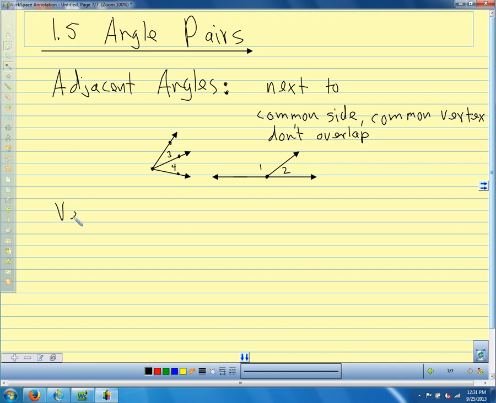Vertical angles. And I'm going to put a little star next to these. Vertical angles are very important. We use vertical angles for lots and lots and lots of things in geometry.